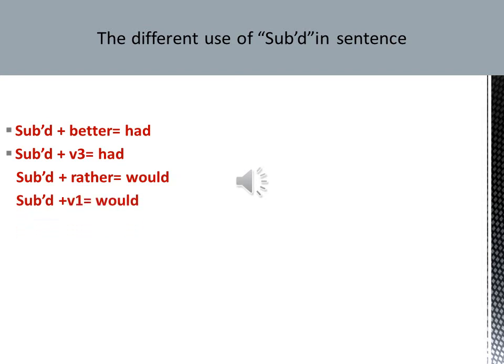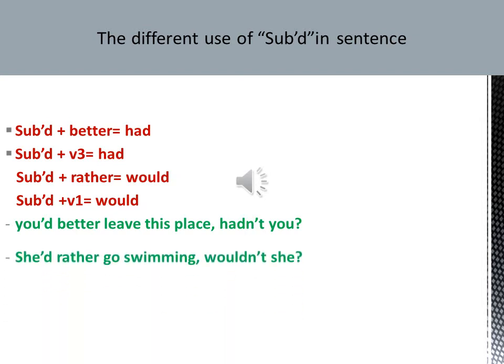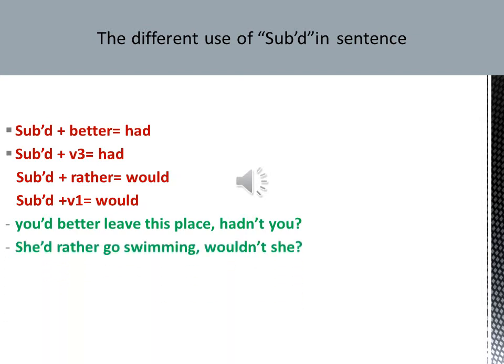Likewise, if there is the use of main verb V1 after apostrophe d, in this case also we should understand apostrophe d means would. Let's see the example. You'd better leave this place, hadn't you? The word better is used here after apostrophe d. So in this case we should understand apostrophe d means had. That's why the question tag becomes hadn't you.